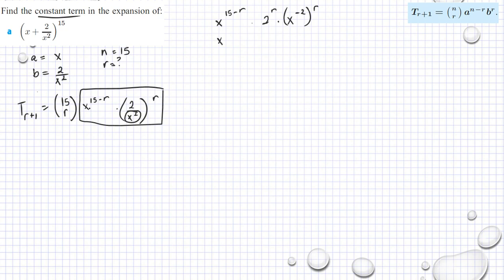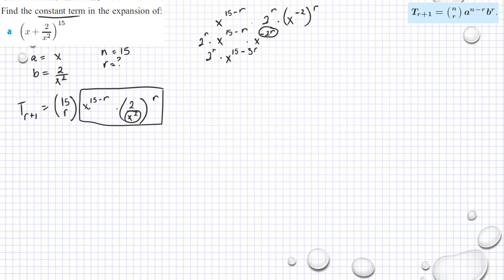Then we have x raised to 15 minus r. If I write 2 raised to r here, because that's a coefficient also, multiplied by x raised to negative 2r, and then we have 2 raised to r multiplied by x raised to 15 minus 3r.